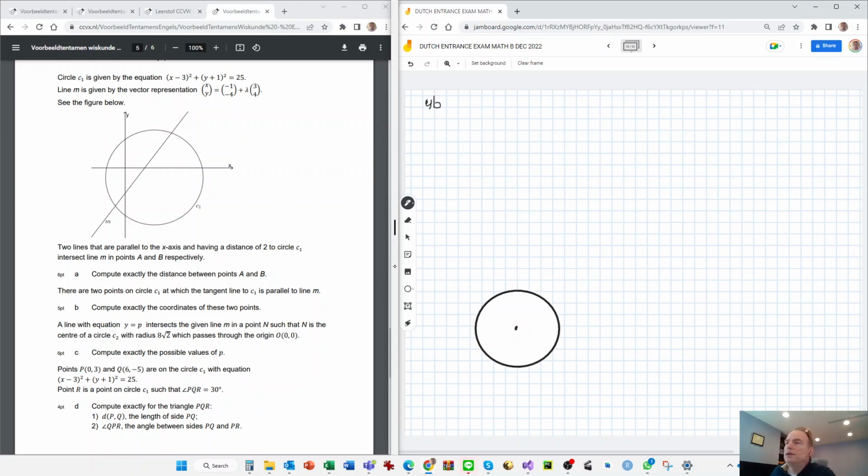So for a line to be tangent and parallel to this line M, so let's say line M is here, and we will be looking at a line here, and then the points on the circle on this line are here, and then here.